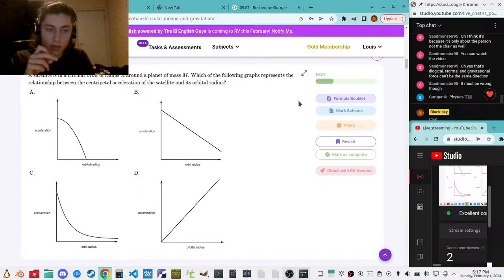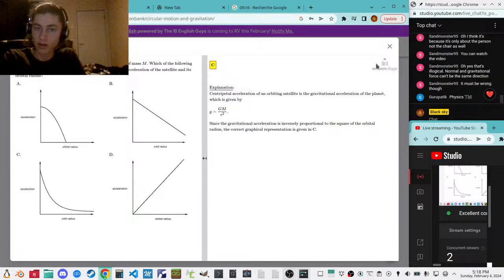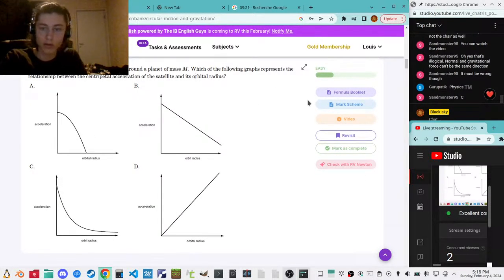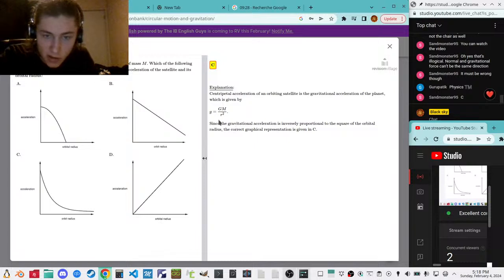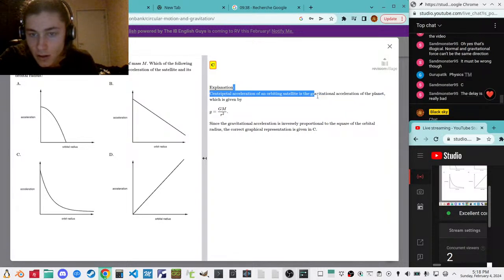So as the orbital radius increases, it should be an inverse, B. No, inverse is C. Yeah, okay, inverse. Wait, why is it talking about this? Oh, did I just accidentally get it right? Centripetal acceleration of an orbiting satellite is the gravitational acceleration of the planet, which is given by this.